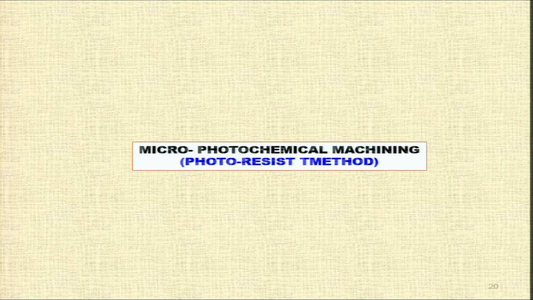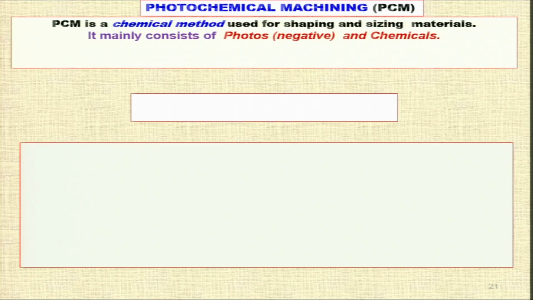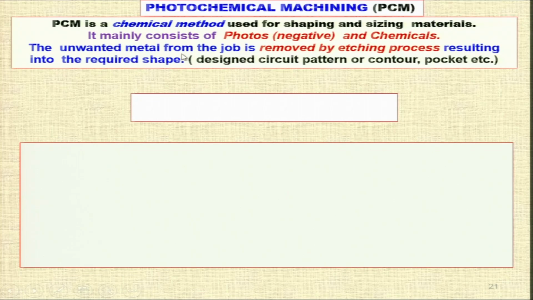Micro photochemical machining, photoresist method. Photochemical machining, PCM, is a chemical method used for shaping and sizing the materials. It mainly consists of photos, that is negative, or it can be positive also, and chemicals. The unwanted metal from the workpiece is removed by etching process, resulting into the required shape and size.